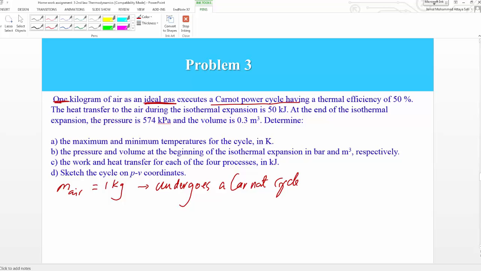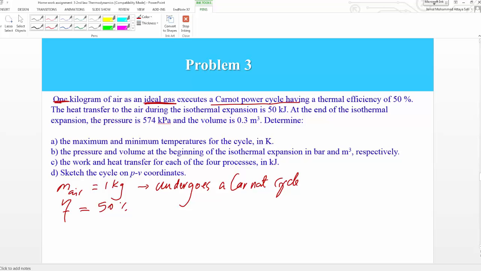And then it's also telling me that the efficiency of the Carnot cycle, and remember this is an ideal efficiency and this is the maximum efficiency that a heat engine working between two temperatures can reach, is 50% in this case.